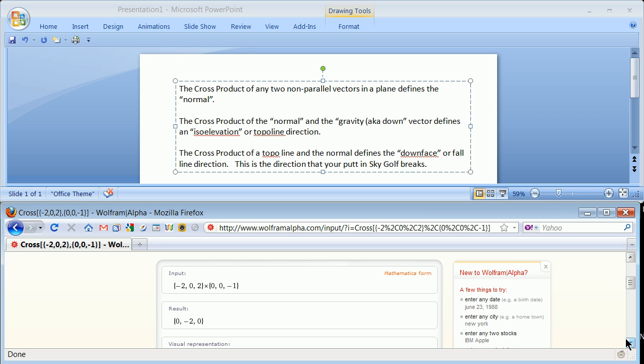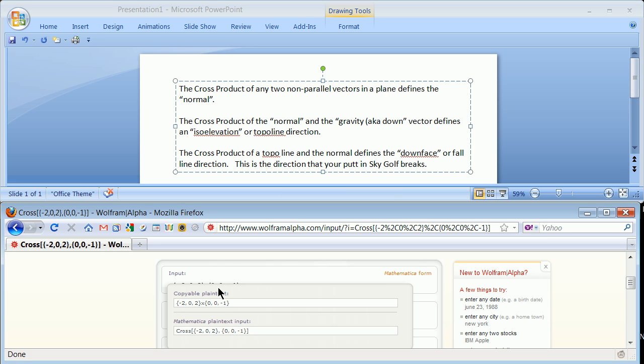What you're going to see here in this face is 0, minus 2, 0, which tells you the direction of the topo line. I think this face might be a little bit odd as we look at it later. So 0, minus 2, 0. And so now what we're going to do is multiply these two together.